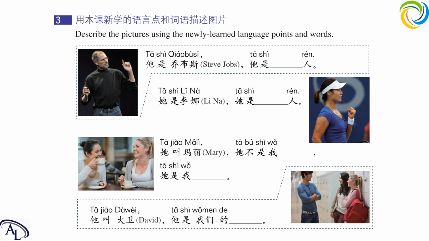First, we can see here is Steve Jobs. Okay, now let's fill in the blanks. First one, 他是乔布斯。乔布斯 is the translation of Jobs in Chinese. Read after me. 他是乔布斯 means he is Steve Jobs.